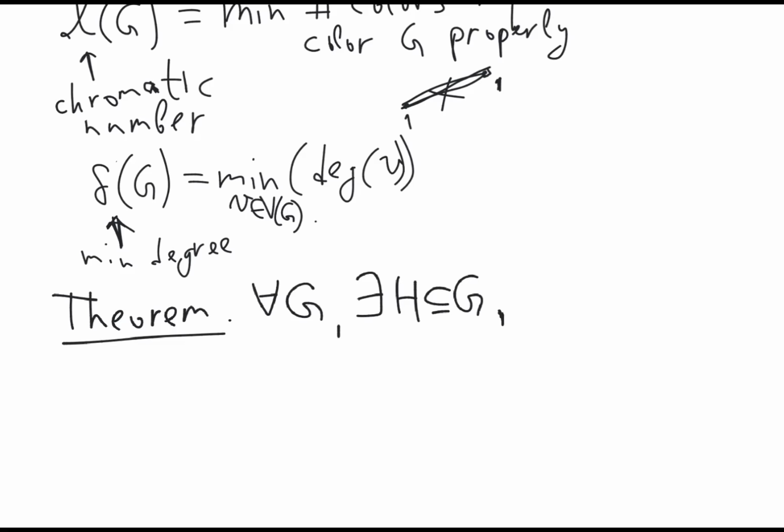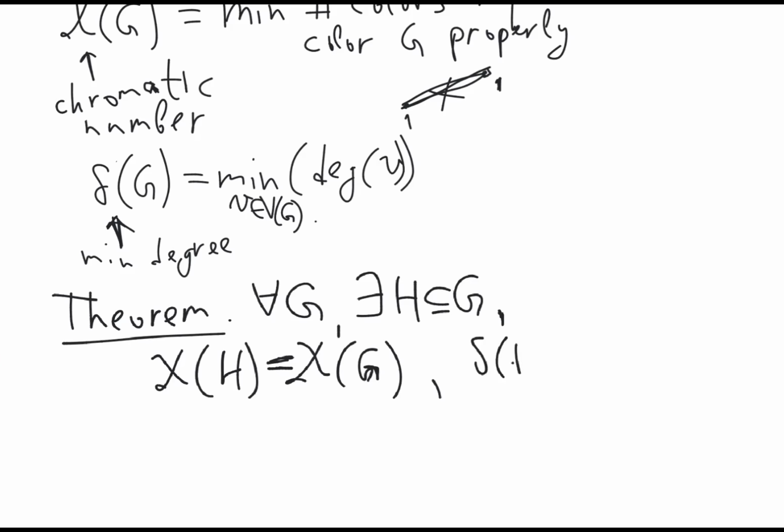The chromatic number of H is the same as the chromatic number of G, and the minimum degree of H is greater or equal than the chromatic number of G minus 1.